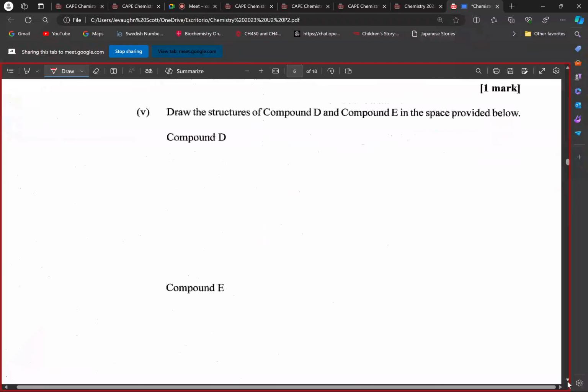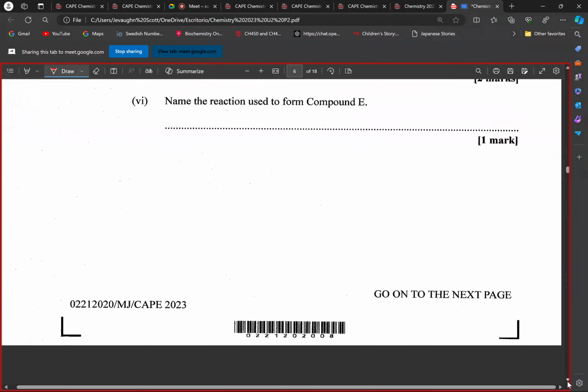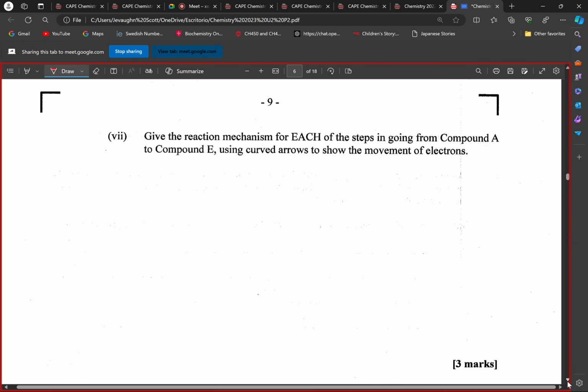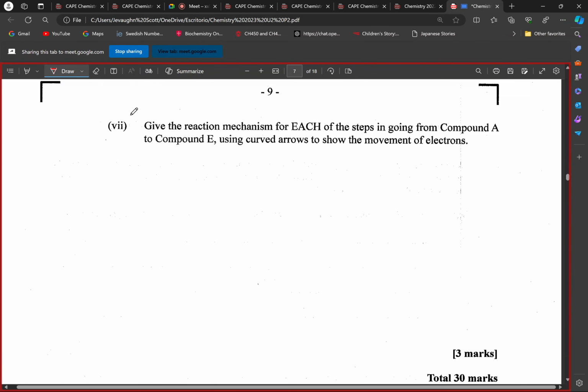So what we're doing here, we're going to show the creation of our electrophile and everything. 3 marks is just 3 marks for everything. So we have our hydrogen bromide.